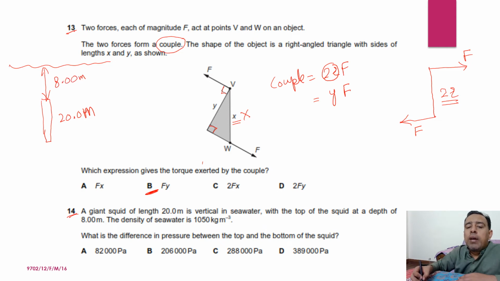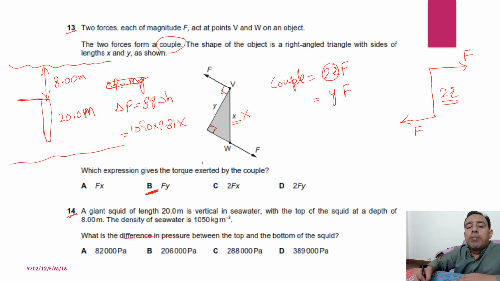So if you have to find the difference in pressure, then delta P is required. Delta P is, sorry, delta P is rho g delta H. So rho is 1050, density, g is 9.81, and the difference of pressure is in between these 2 points, so the delta H is straight away 20.